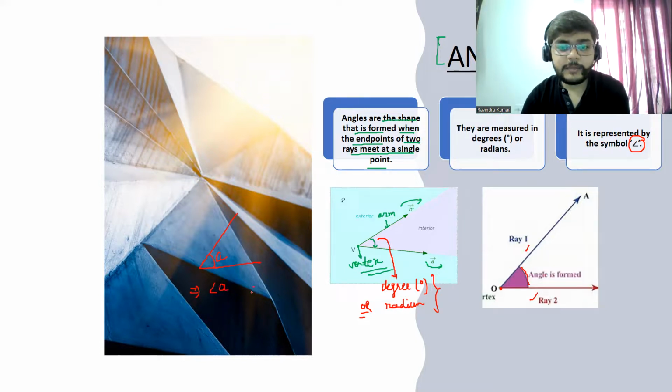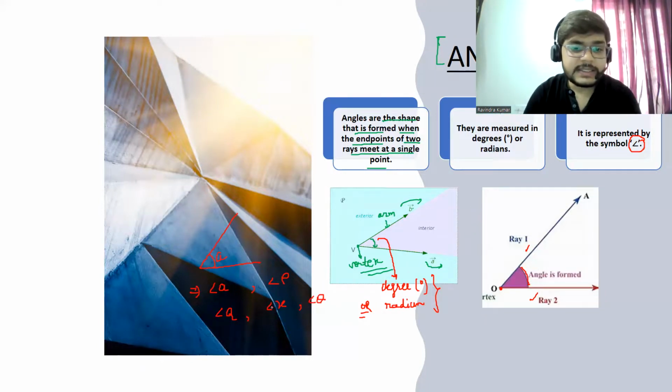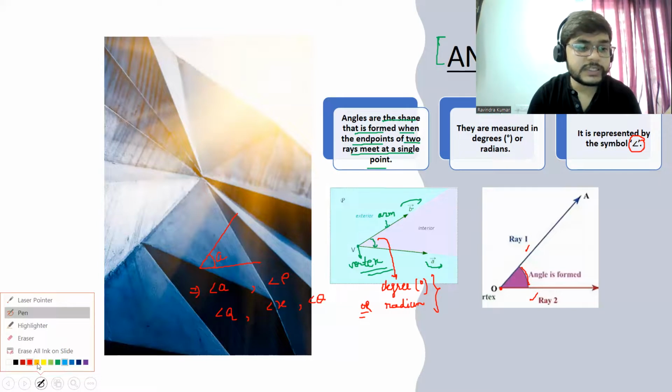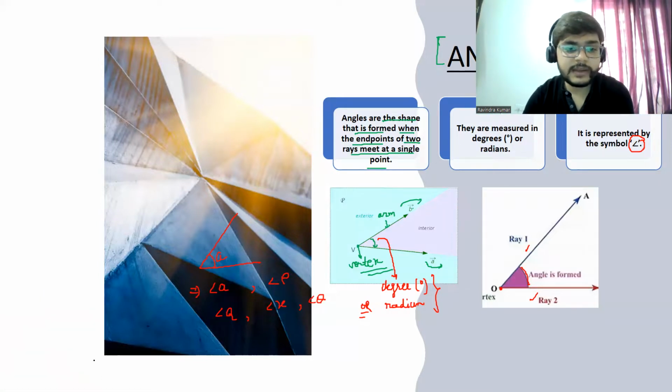We write angle P, angle Q, angle X, angle theta. So basically this is the sign of angle. When you have to represent an angle, use this sign simply, right? Easy to understand? Very good.